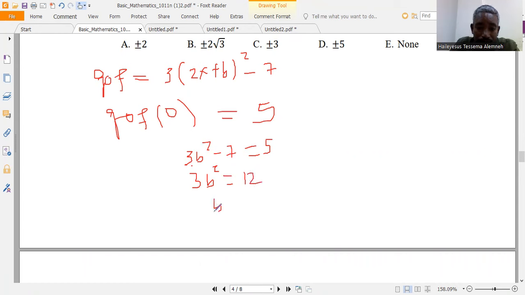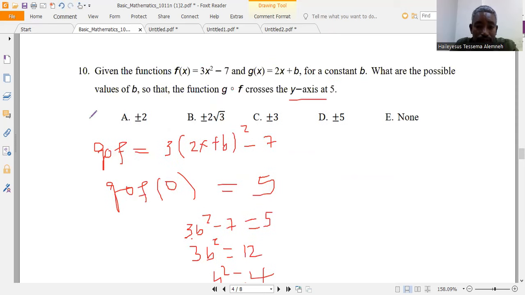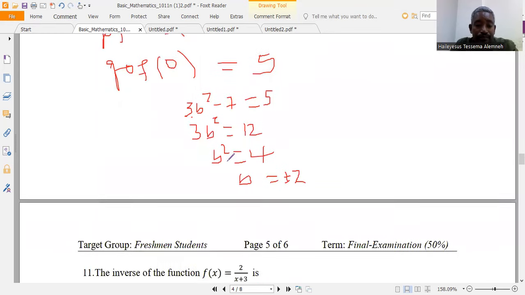Dividing by 3, b squared is equal to 4. Therefore, taking the square root of both sides, the value of b is plus or minus 2. So from the set of alternatives, plus or minus 2 is A, the first question.